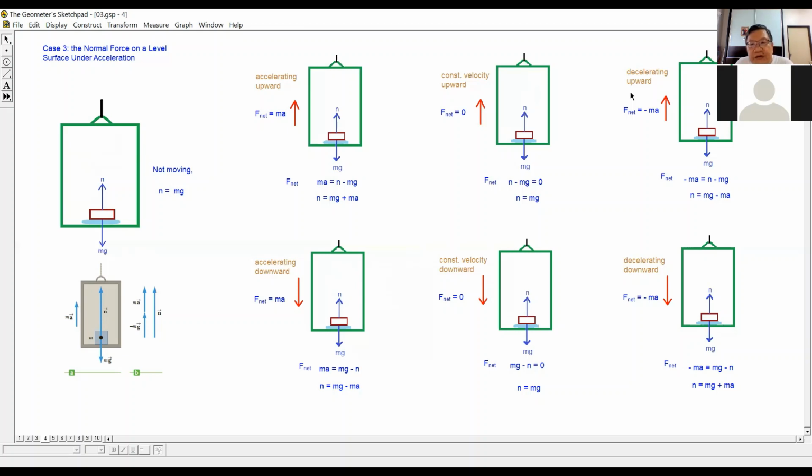In all these three cases, we would like to know what is the normal reaction on the object. The reason we want to study this normal reaction is because it is related to the frictional force. The bigger the normal reaction, the bigger the grip of the surface on the object.